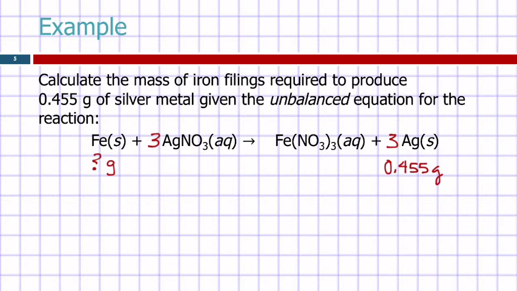So this is not moles of one to moles of the other. It's grams of one to grams of the other. So what's the stoichiometry chant? Grams to moles to moles to grams. So this is the one with the number, so this is where we're starting. We're going to go grams of this to moles of this, to moles of that, to grams of that.